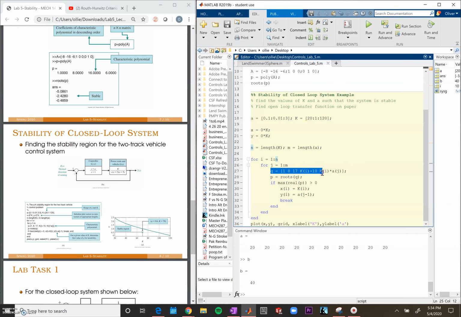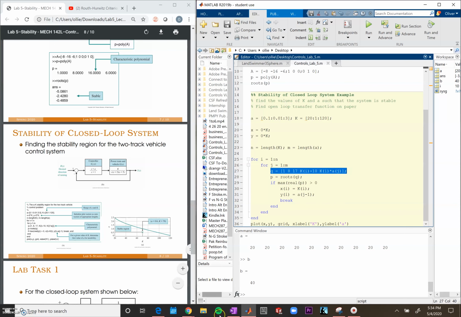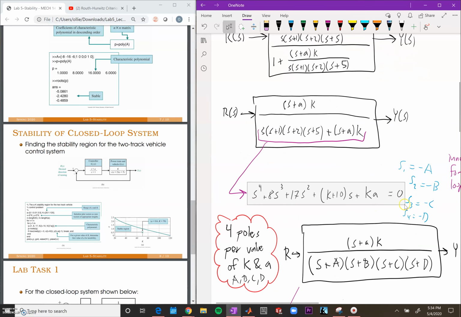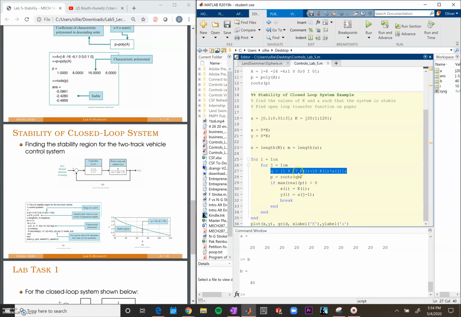Q here is our characteristic equation. We can solve for that here, right? We iterate K and A in the fashion I explained, and then we find the roots for that given characteristic equation.